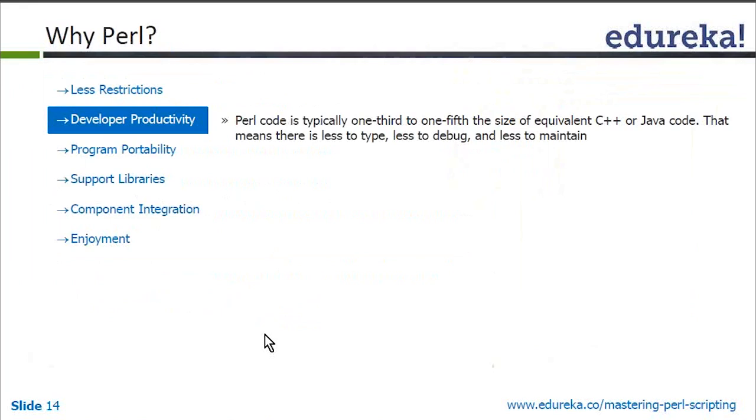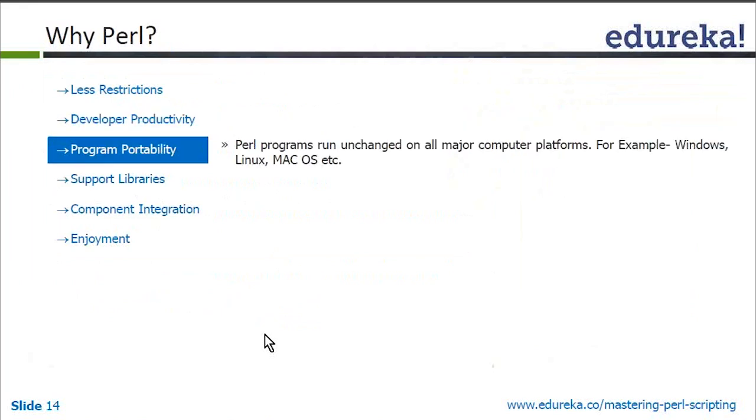So the code size is inversely proportional to the speed, you can say. If the code size increases, the speed decreases. Even if there are a lot of techniques to increase the speed, the code size will increase. That is where Perl is very useful, wherein Perl code size is very small. And that is the best thing about Perl, wherein it saves a lot of memory for the organizations.